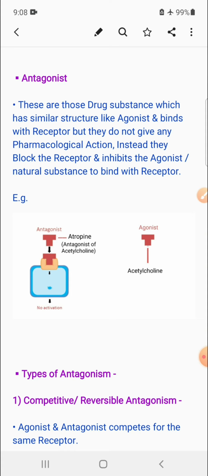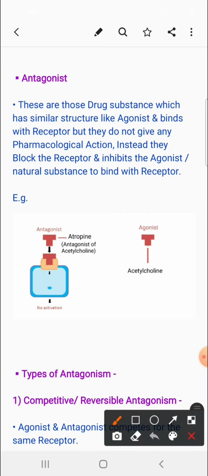For example, acetylcholine is a hormone inside the body. If the secretion of acetylcholine increases, in this case we will take an antagonist, that is atropine. Atropine is the antagonist.